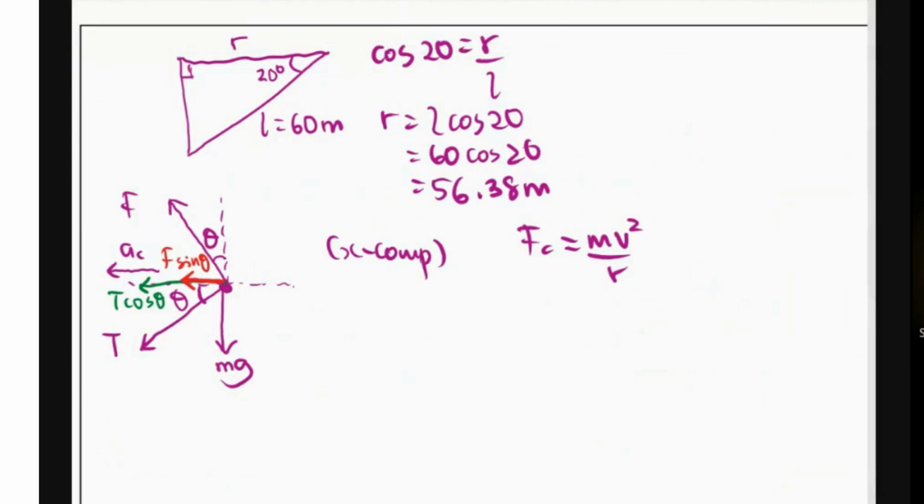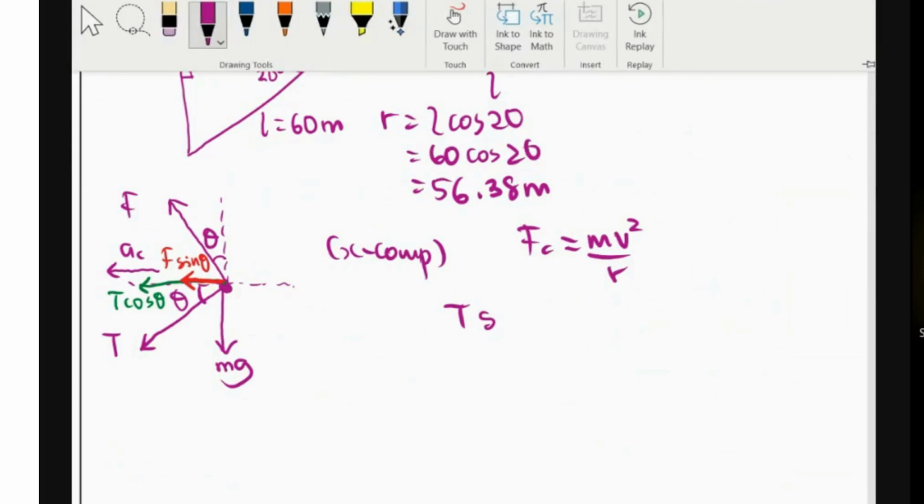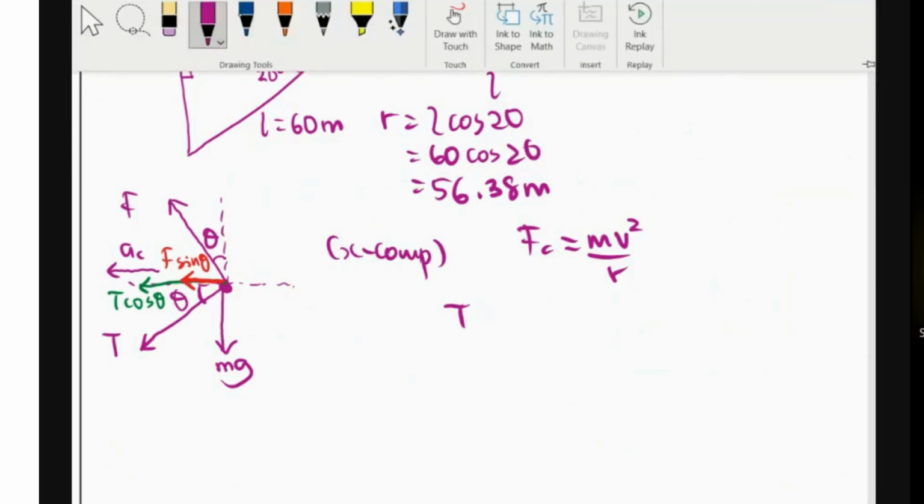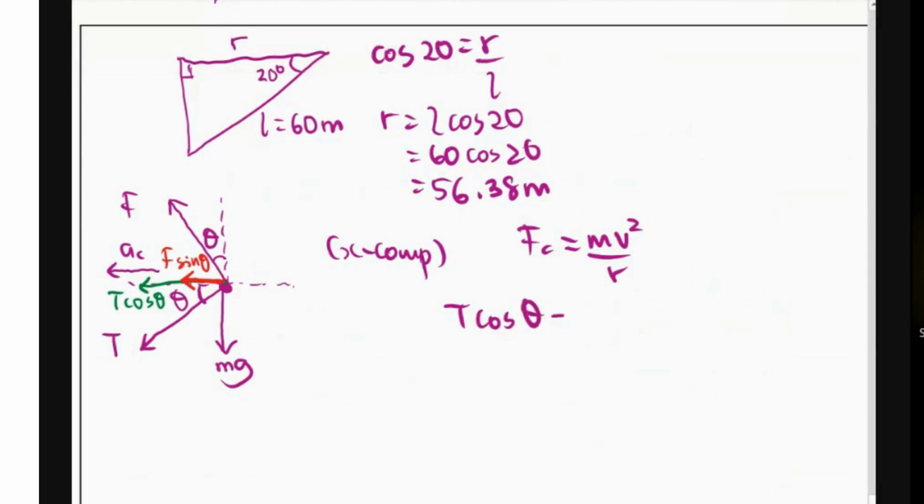Since they are in the same direction, you have to add them up. Okay, so T cos theta plus F sine theta, these are Fc, and then equal to mv squared divided by R.